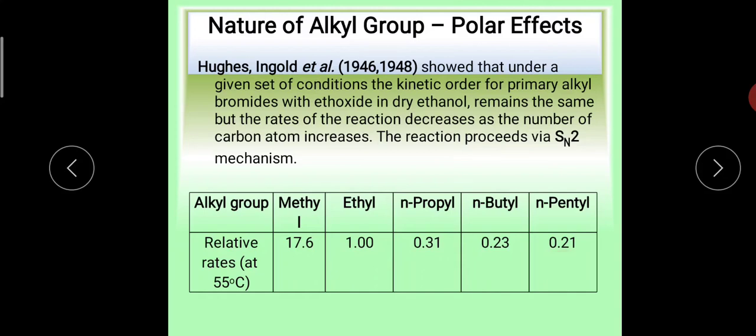You see that the primary alkyl halides methyl and ethyl halide have quite big rates, but methyl halide reacts much faster when compared to ethyl halide. The difference in the relative rate is because of the difference in the number of carbon atoms attached to each of them.